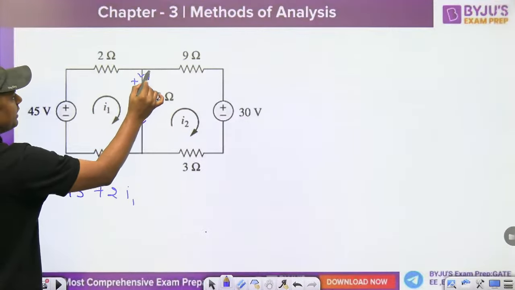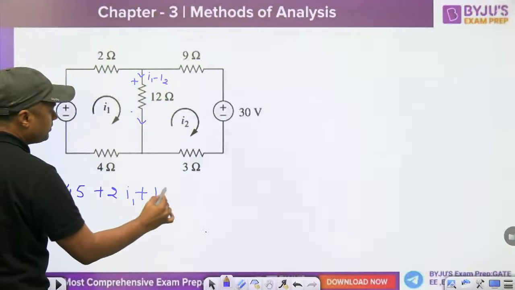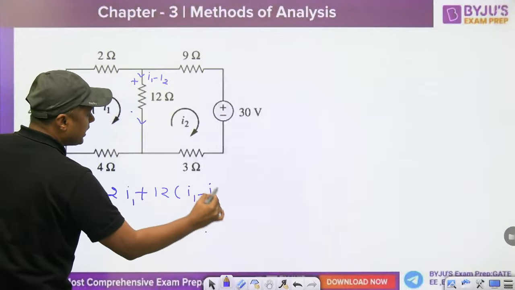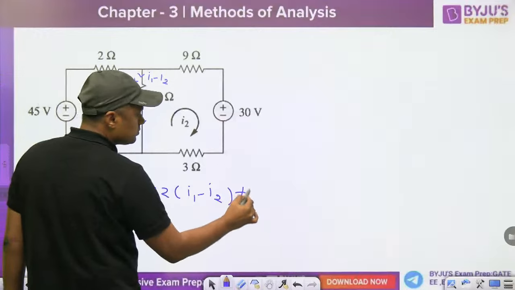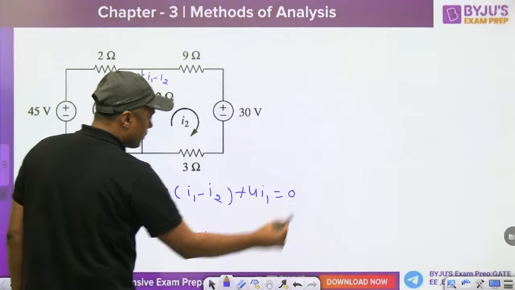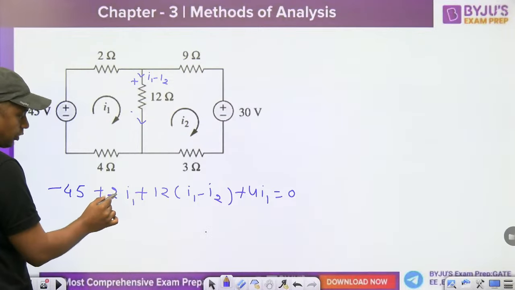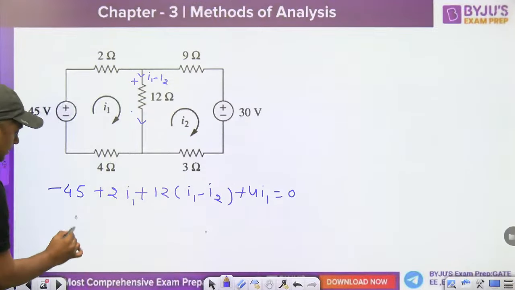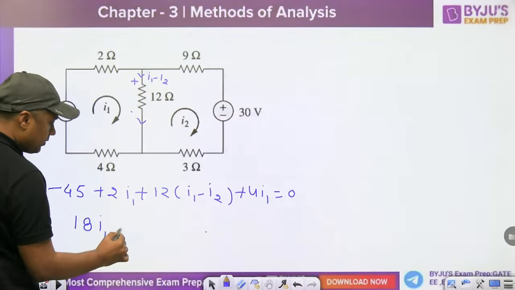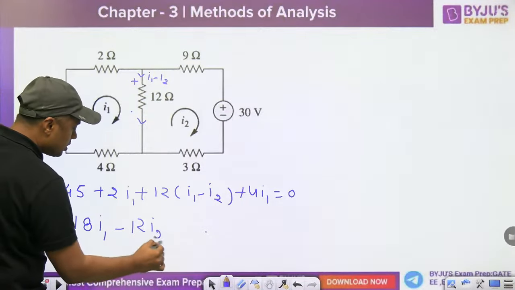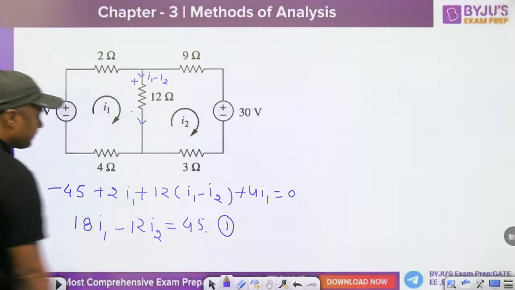So what is the current? I1 minus I2 in the downward direction. So we write plus 12 times (I1 minus I2), and then plus 4 times I1, and that is equal to 0. Then you will get 2 plus 12, 14, plus 4, 18 I1 minus 12 I2 is equal to 45. And that is equation number 1.